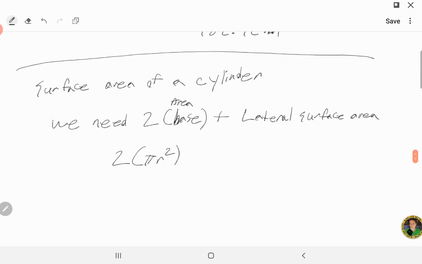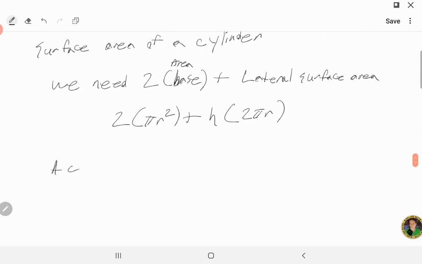We know the area of a circle is pi r squared, and then we know the circumference of a circle. We're just going to get the height times 2 pi r, because we know the distance around the circle has to be 2 times pi times the radius, and so that's pretty straightforward.